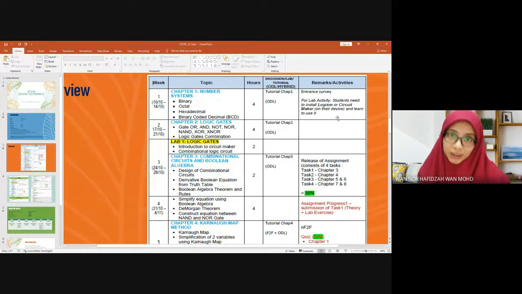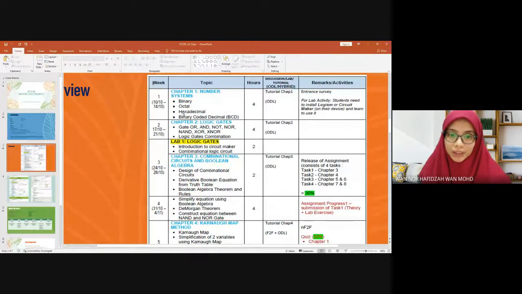This Circuit Maker can be downloaded from my teacher. I'll show you where to get it. It has very small storage, so no problem. The first chapter is number system.